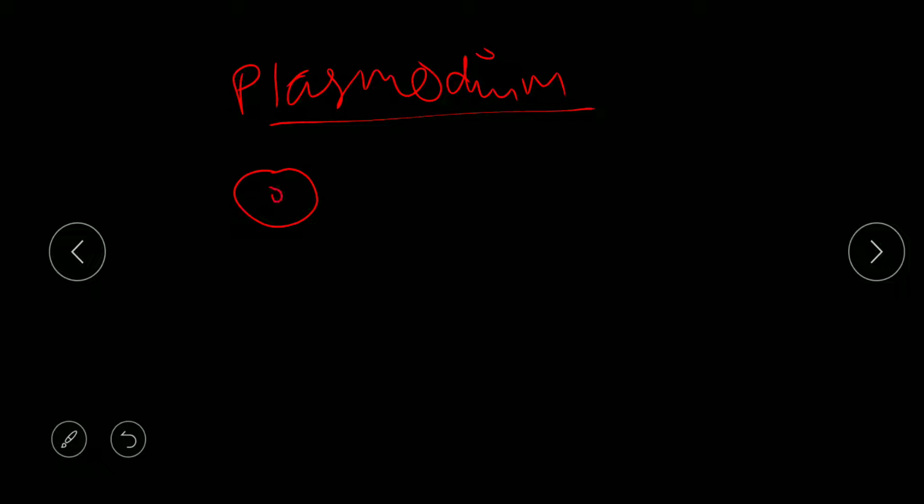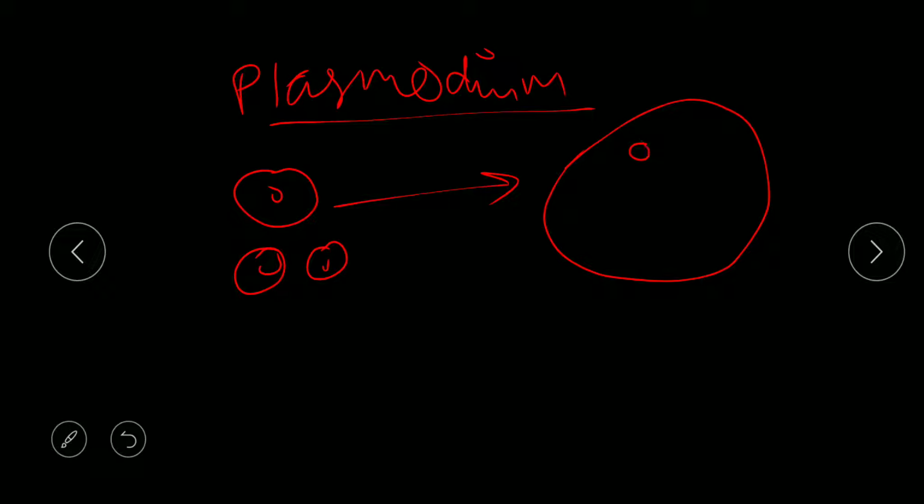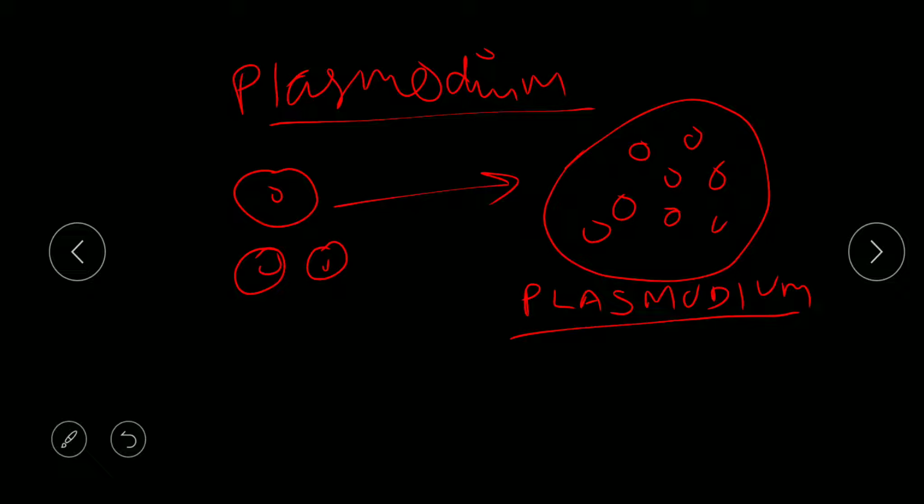Plasmodium is formed by the fusion of amoeboid cells or from the zygote, and it is a multinucleated structure.